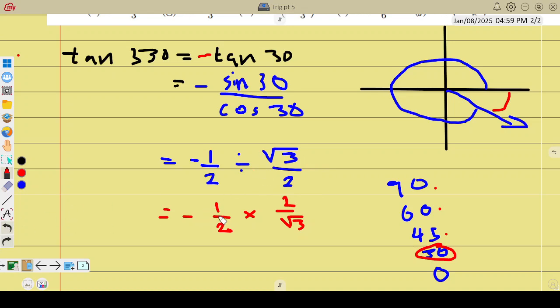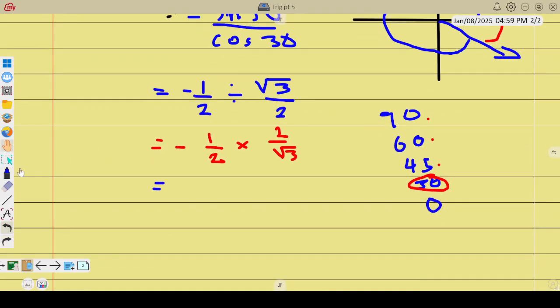Okay, so at this point, we're going to have negative. 1 times 2 is 2 over 2 times root 3. And then we can cancel the 2's, this and that.